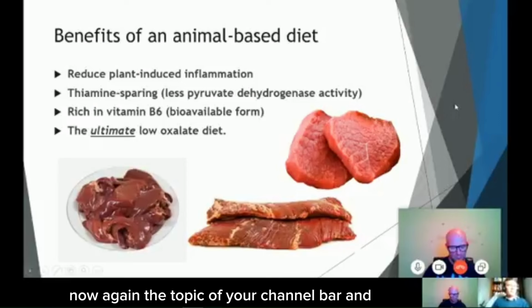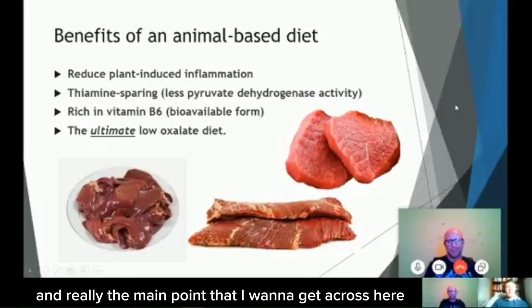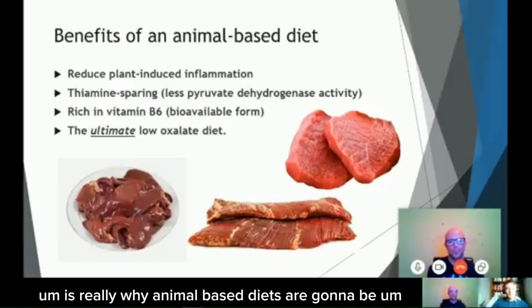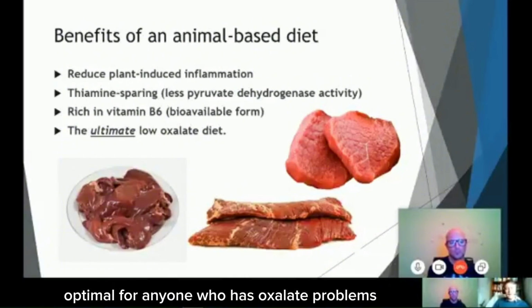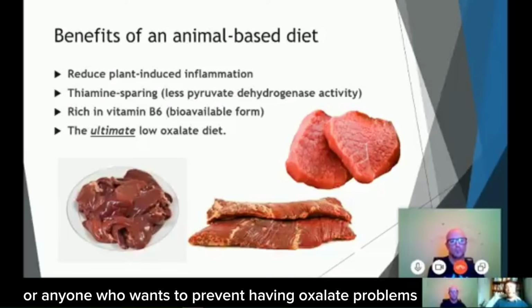Now, again, the topic of your channel, Bart, and really the main point that I want to get across here is really why animal-based diets are going to be optimal for anyone who has oxalate problems or anyone who wants to prevent having oxalate problems.